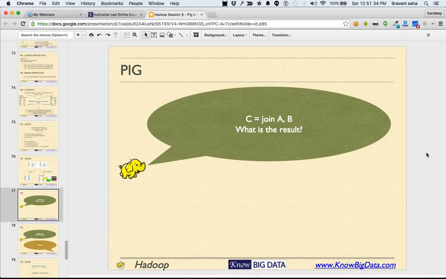So what will be the result? Anybody? Veena, Pavan, Sushant, Ravi, Ganpati, Randhir.